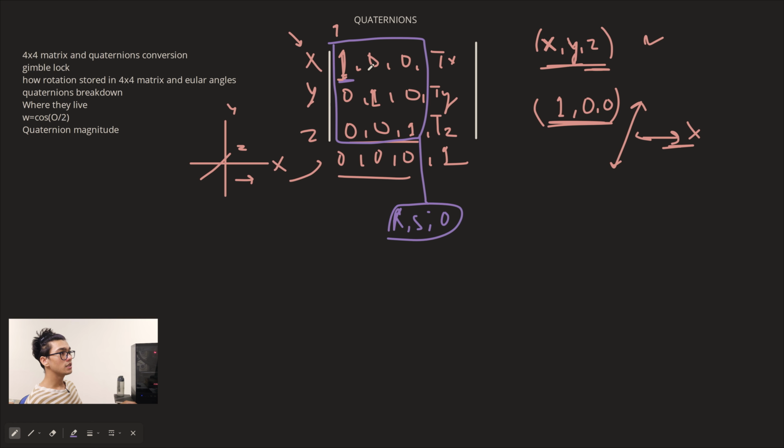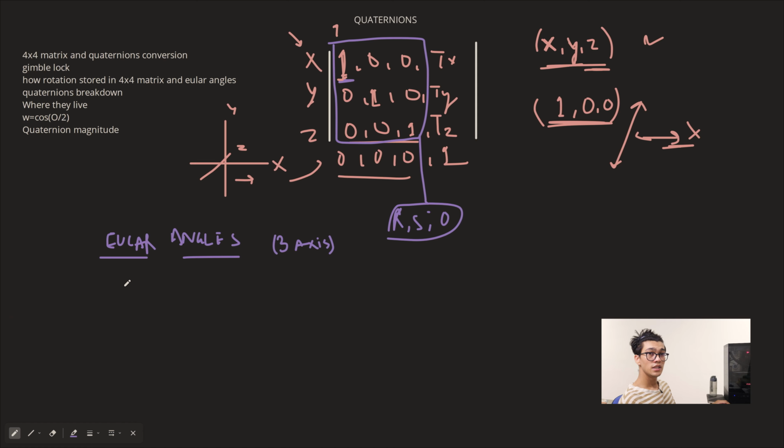So when we do some basic rotation in 3D, we use Euler angles. We use 3 axes, and we do this in an order. Like if I have this f, right, this is my x, this is my y, this is my z.